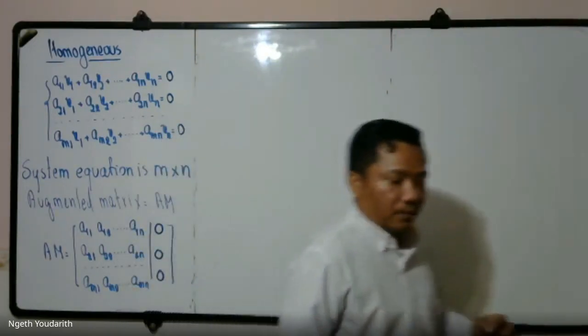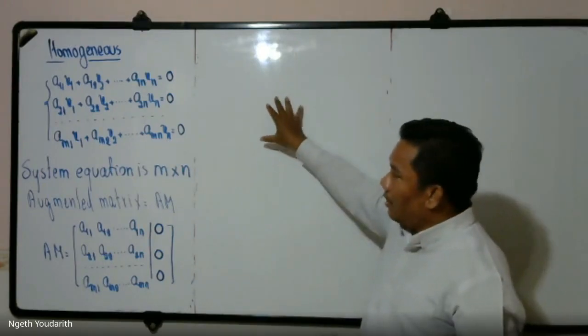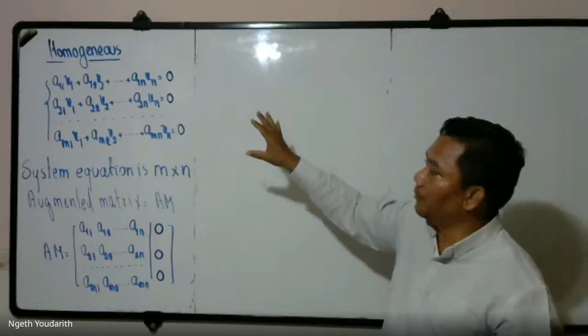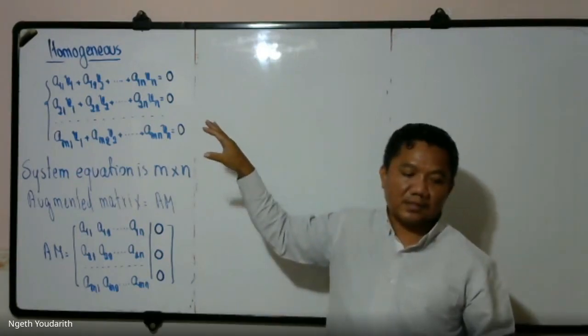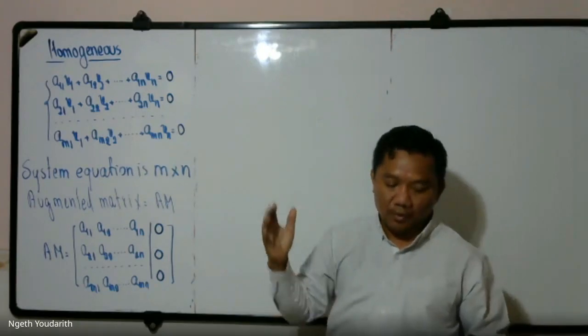Okay, now we start at this point. A homogeneous system of equations is a system of linear equations where the right hand side is 0.